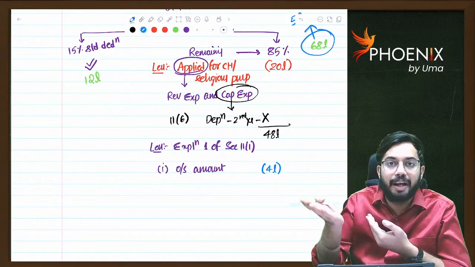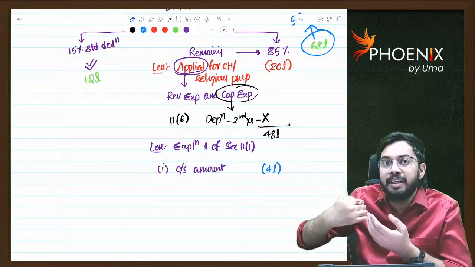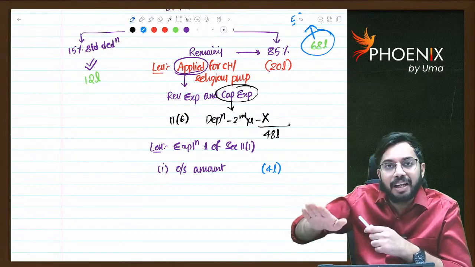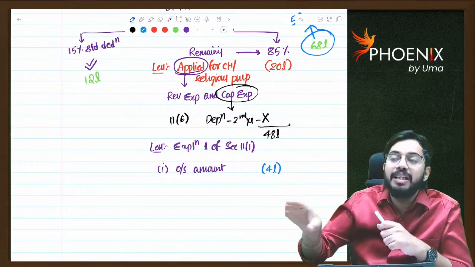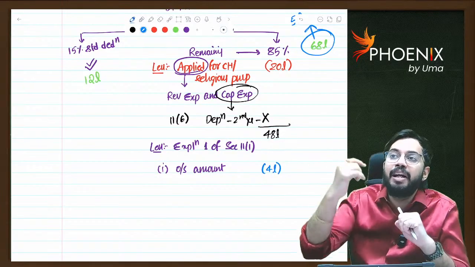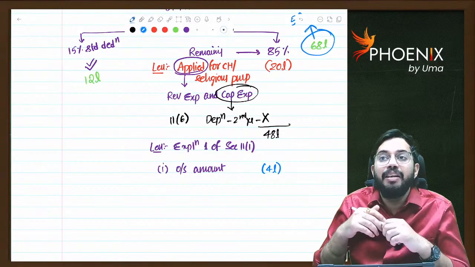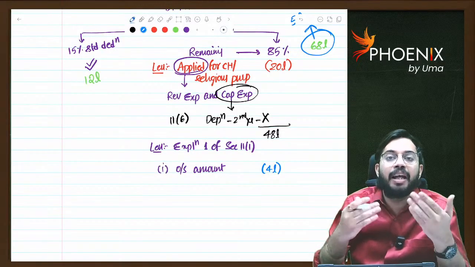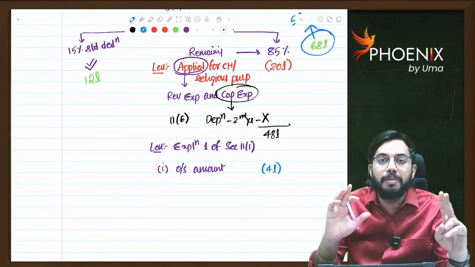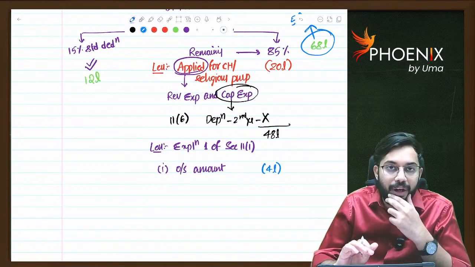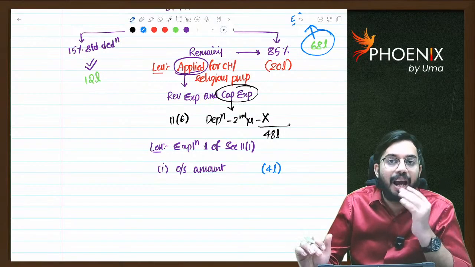In future I may get it. Whenever I receive that 4 lakh rupees, either in that year or in the immediately next financial year, I will apply it. Stating all this, I will file a declaration to the assessing officer. Then by filing the declaration, I can claim it as deduction. But this declaration should be filed within 2 months before the ITR due date. Then only this deduction is available.